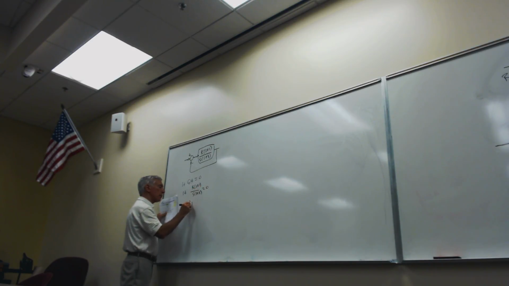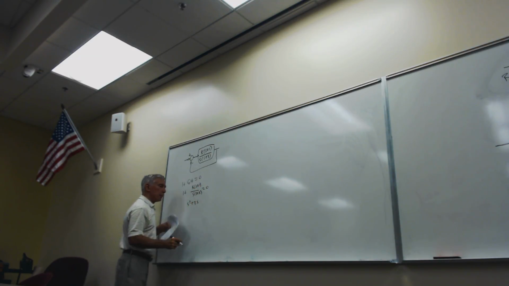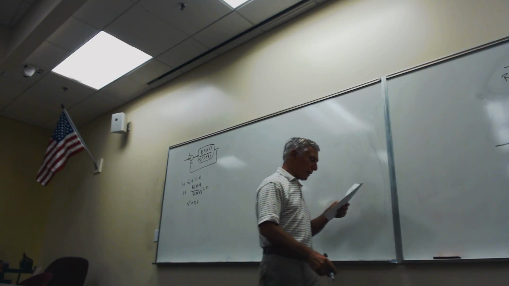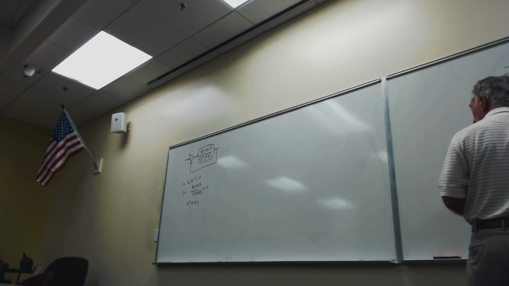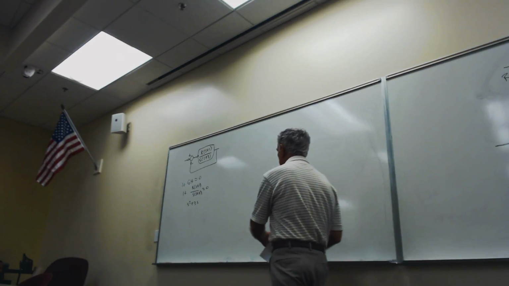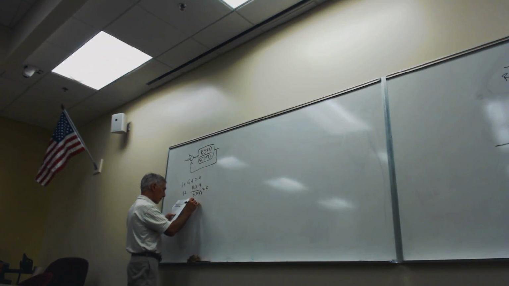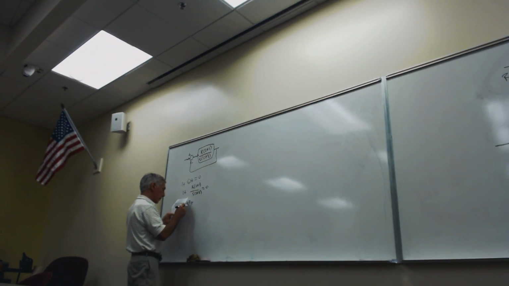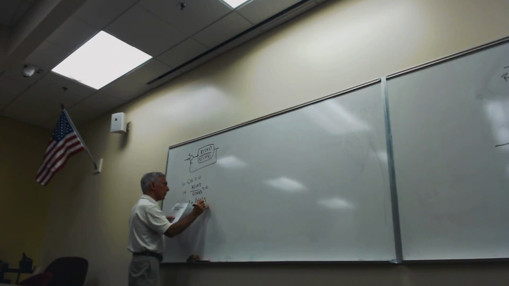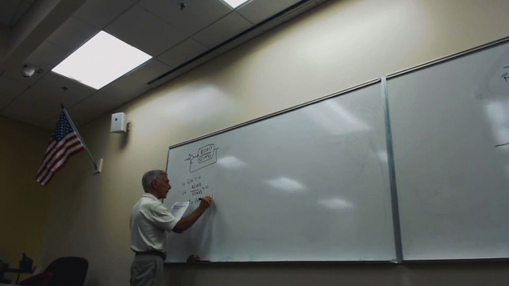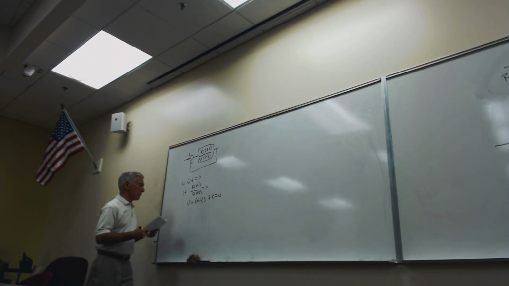So we get s squared plus 3s, and then we can bring together the k and the s: s squared plus (k plus 3)s plus k equals 0. So that's the characteristic equation.